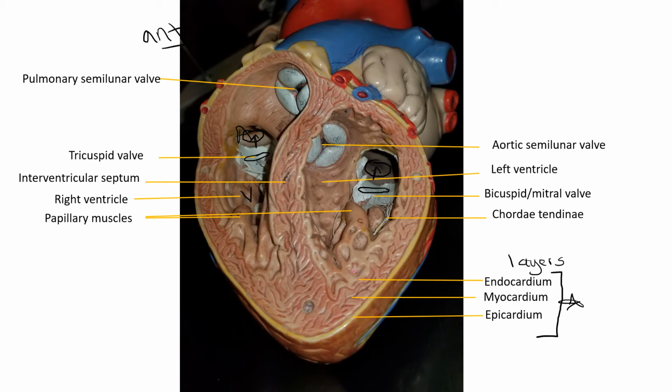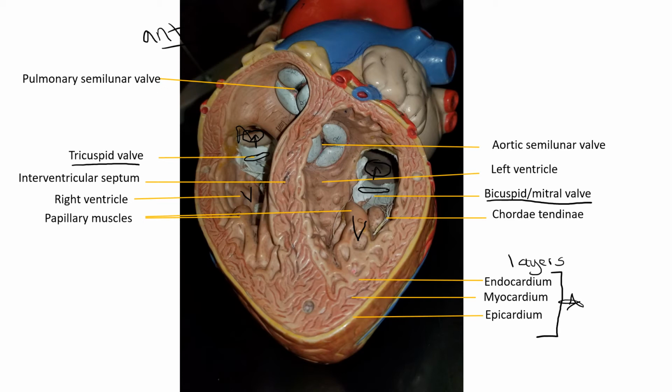Right now, we're looking more at the ventricles than we are the atria. I know I keep repeating that, but I want to make sure you get what I'm saying. So we see these ventricles down here, and we see the valves separating them. So first, between the right atrium and the right ventricle is the tricuspid valve. Between the left atrium and the left ventricle is the bicuspid valve.